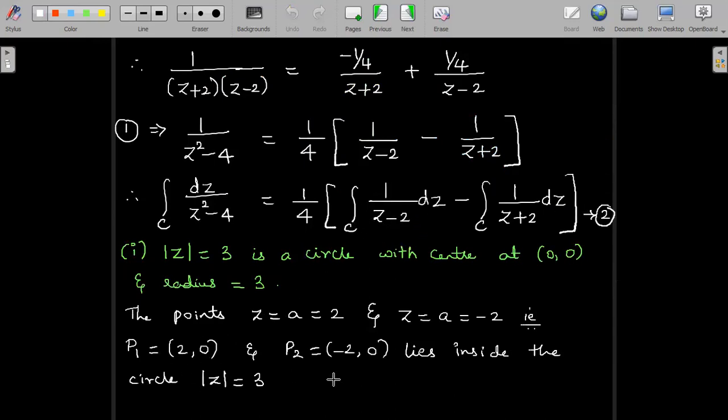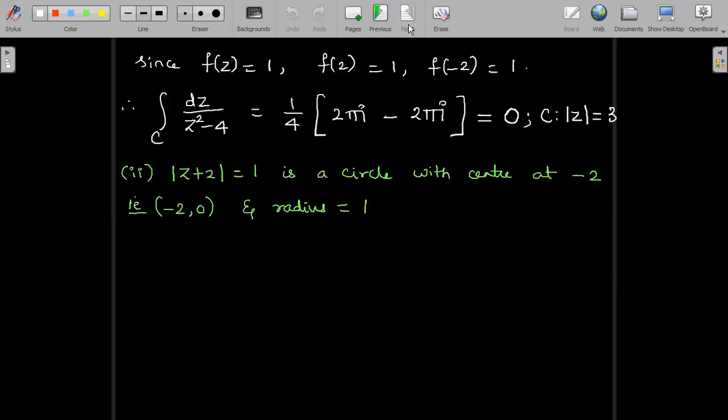P1 is equal to 2, 0 and P2 is equal to -2, 0. Circle equation is only different in case 2. Correct, no? So let us check whether both the points lie inside or outside with the distance formula. That will be easy for us whenever the center is a different one, especially.